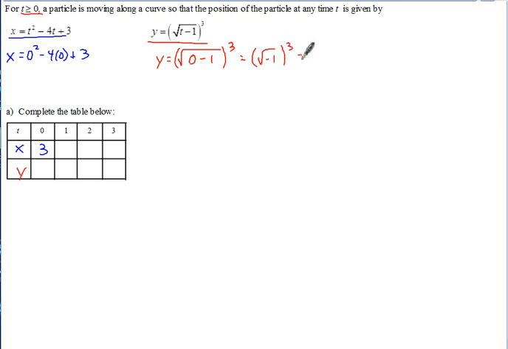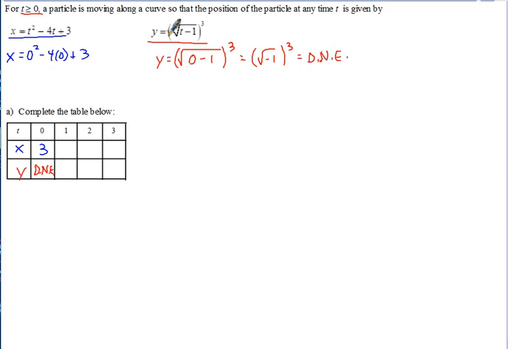So this does not exist. That doesn't happen very often. So we're not going to see anything on the graph at time 0. Even though it says time greater than or equal to 0, it's not there because we got an imaginary number.